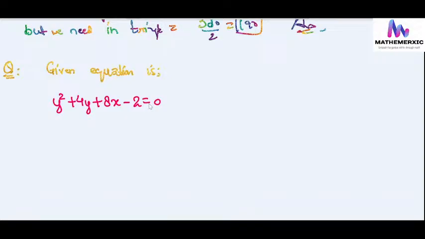So we have to shift the origin for this equation. We have y square plus 4y. Not containing a term in y means y is equal to 0.